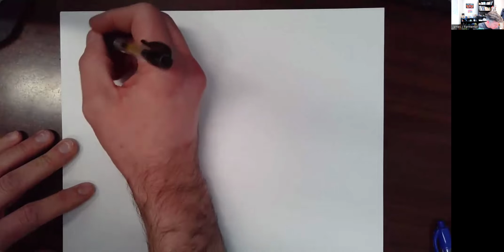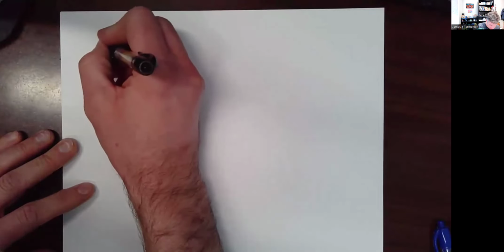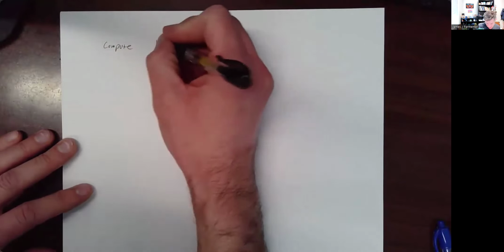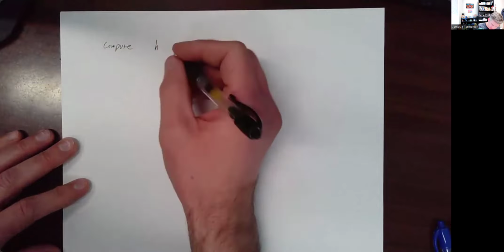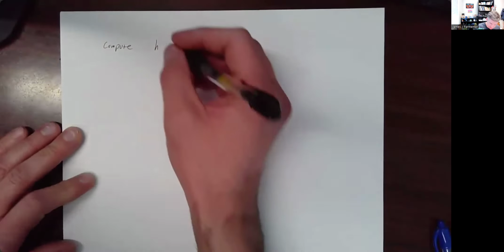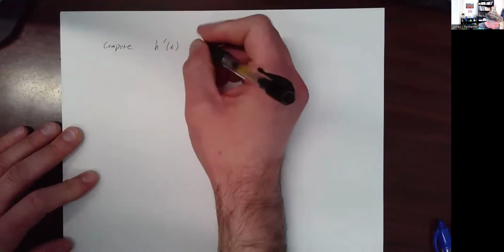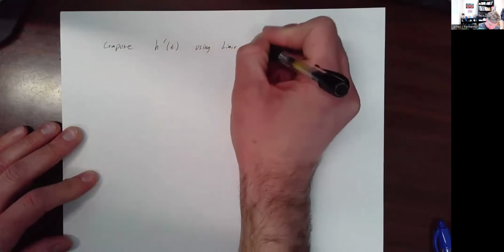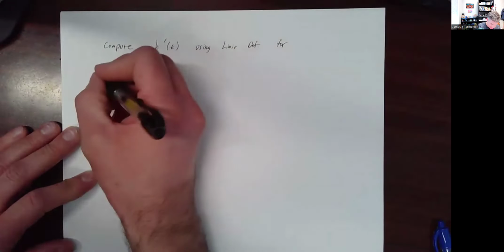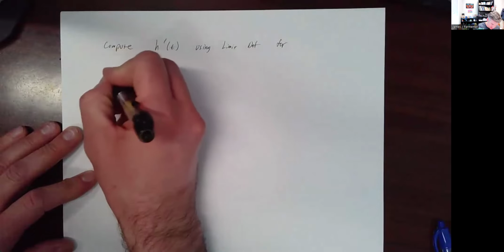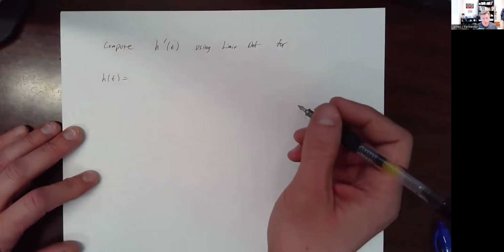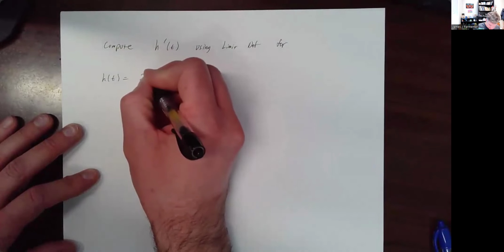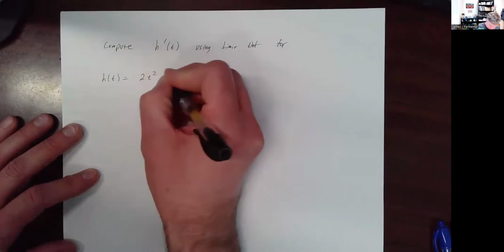Let's say we want to compute H prime of t using the limit definition, for, let's say, h of t equal to, I don't love that function. I'm going to make one up. Let's say it's 2t squared minus 1t.